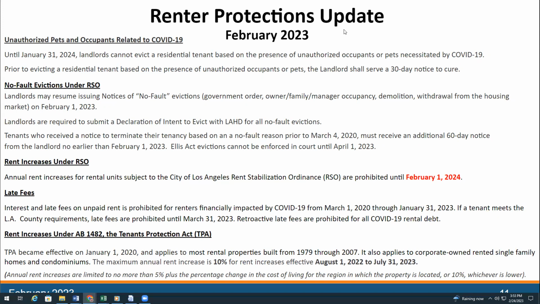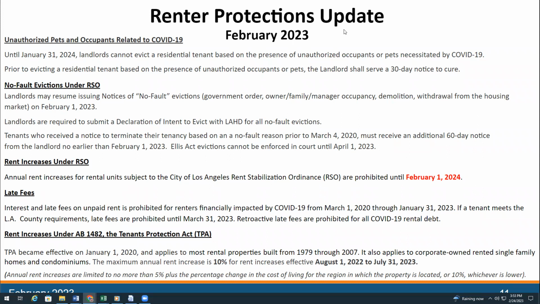And the landlord cannot serve this prior to January 31st, 2024. So in essence, that protection runs through January 31st, 2024, and then the landlord would issue a notice thereafter for a 30-day notice to cure or quit, which is important because if arrangements need to be made for these unauthorized occupants or pets, you have this time frame to work to find a solution for that.